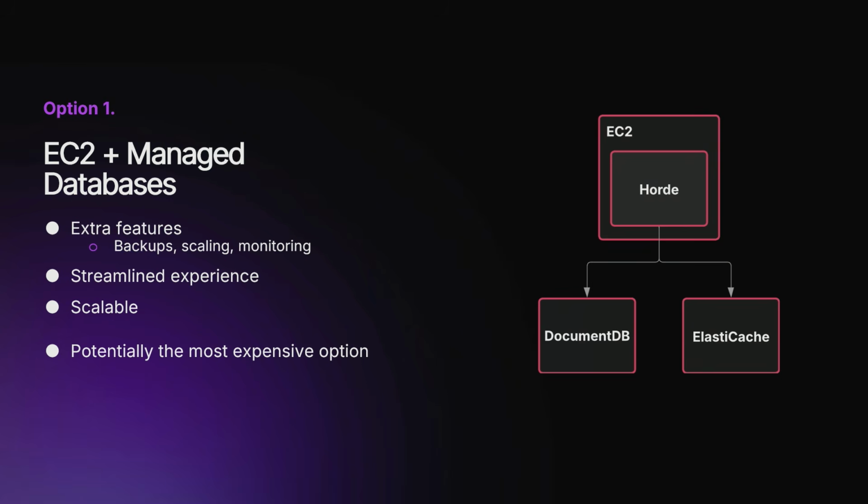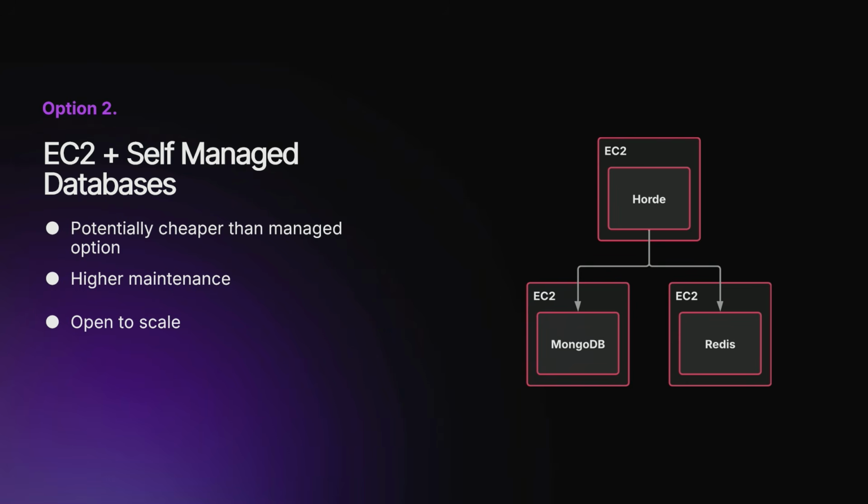But here we are trading features and convenience for an increased cost. So instead of using DocumentDB and Elasticache, we could also deploy Mongo and Redis directly to self-managed EC2 instances. But you're going to have to put more work in if you want those extra things like automatic scaling or backups. But this infrastructure still leaves you open for scaling in the future, even if it's something you do manually.